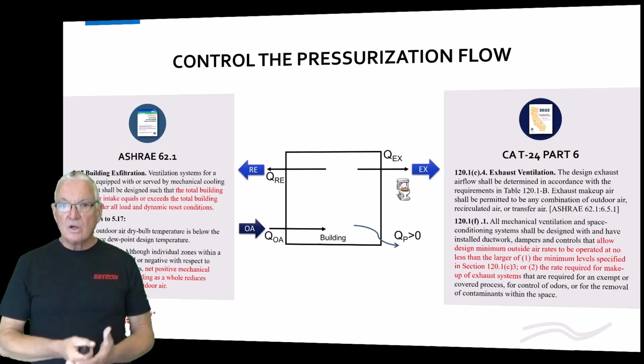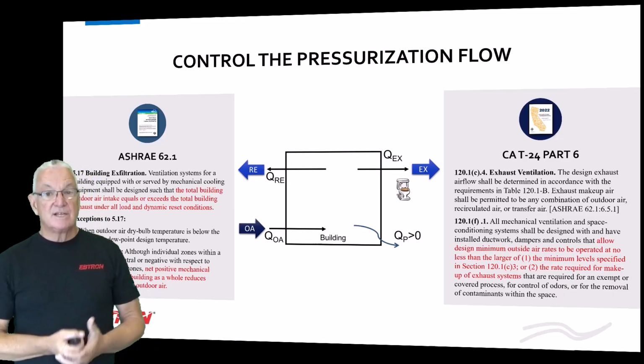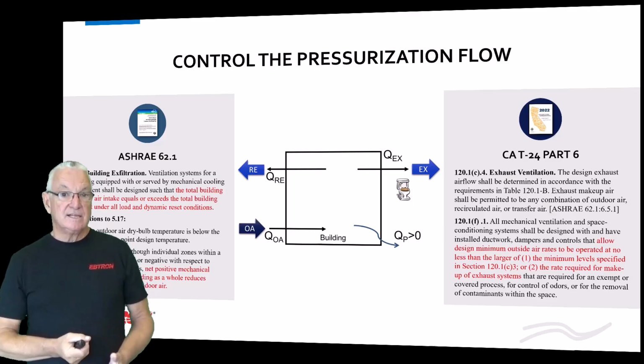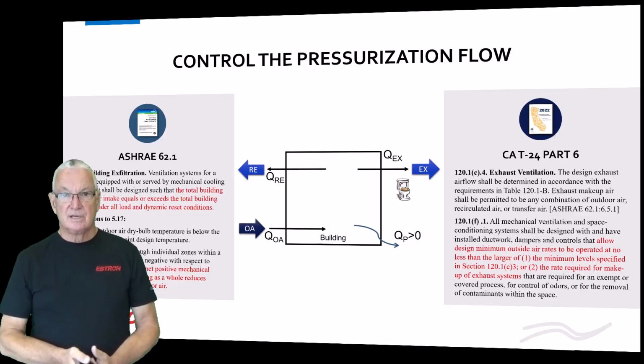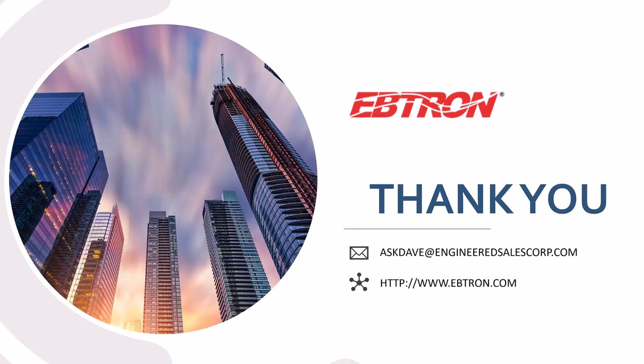I mean, they may not call it the pressurization flow, but that's really what it is: the mechanical ins need to exceed the mechanical outs to maintain proper building pressure, right? Okay, so again, that's another short presentation, but it's going to help move us deeper into the way this series works. Every presentation gets a little bit deeper. All right, so I'll be back to get a little bit deeper.